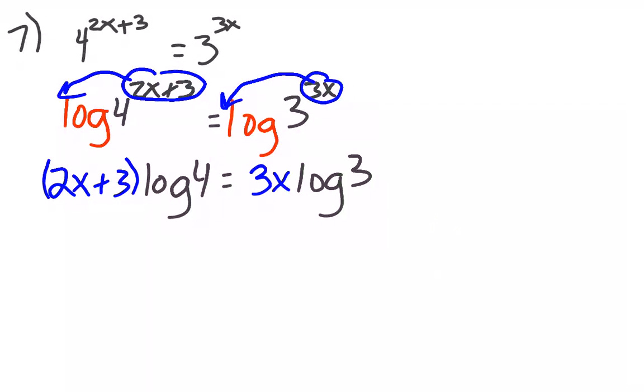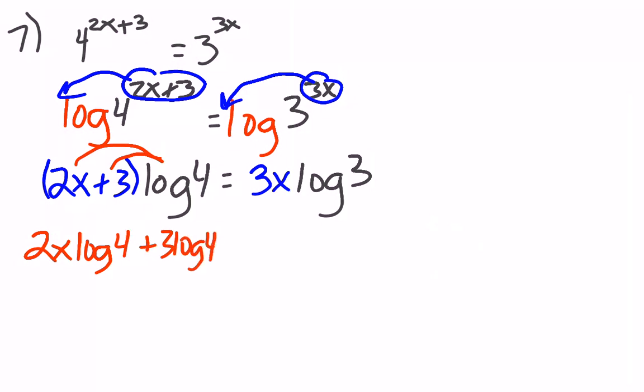So when we have this, if you remember when we did the inverse of rationals and we talked about getting all the x terms on one side and all the numbers on the other side, it's pretty much the same idea. I'm going to distribute, though, first this log 4 to everything. So that would give me 2x log 4 plus 3 log 4 equals 3x log 3.